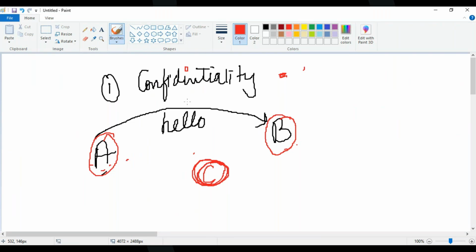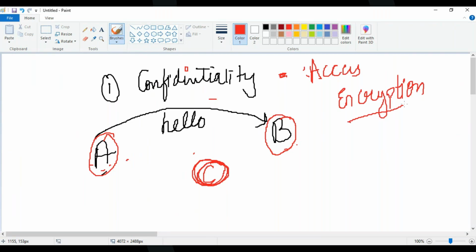So this is confidentiality, that only authorized person have access, and it can be maintained by encryption.